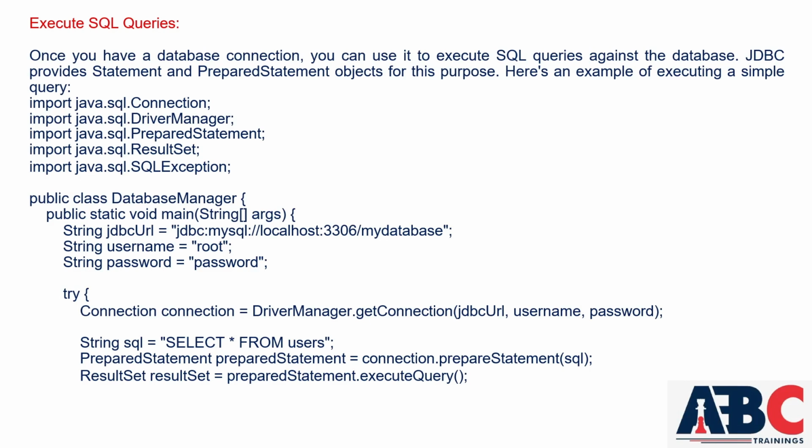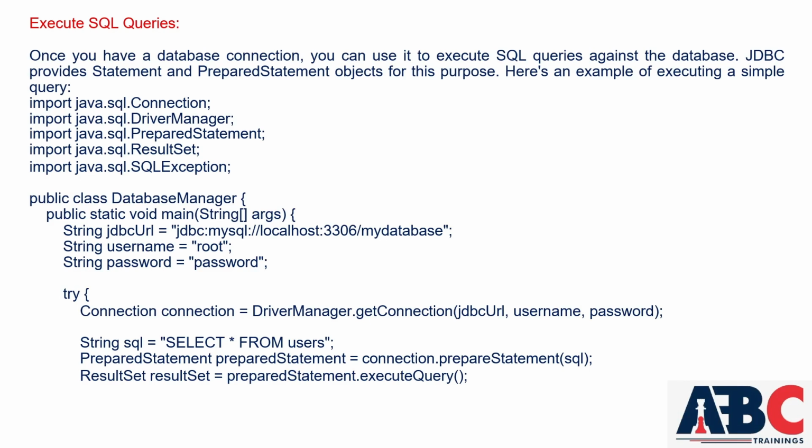Then execute the SQL queries. Once you have created a database connection, you can use it to execute SQL queries on the database. JDBC provides the Statement and PreparedStatement objects for this purpose. Here is an example of simple queries. In the previous example, we created the class DatabaseManager and passed the JDBC URL, username, and password, then the connection.